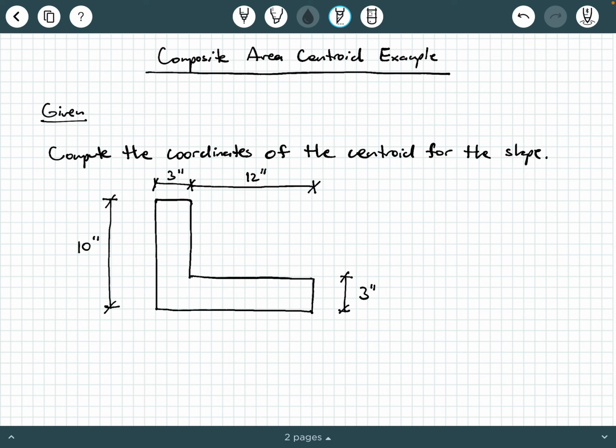It doesn't matter how you separate this into the two rectangular areas; it's whatever you prefer. I'm just going to separate it the first way I drew this.